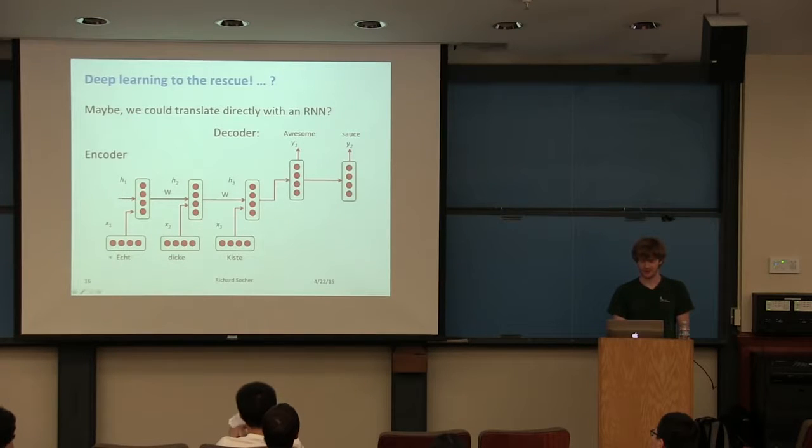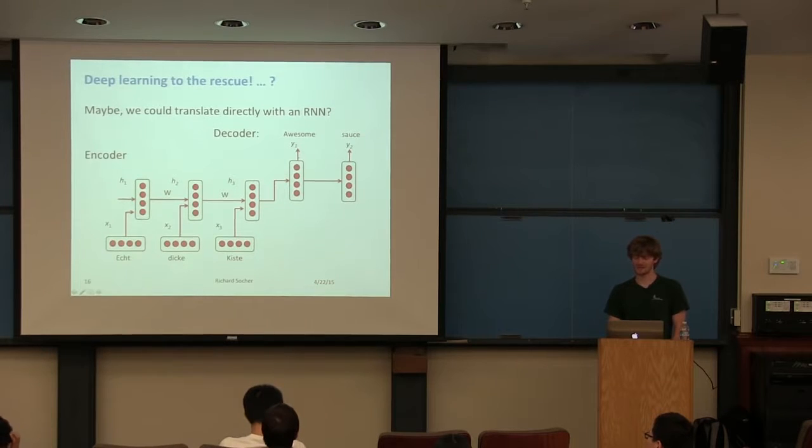And so here we have, Ich dicke Kiste, German, and maybe we just translate it to awesome sauce in English by taking each word here into a recurrent neural network and then taking this vector and from this vector immediately translate this. And these here would all just be logistic regression, our softmax layer that we have for other language models, but this time we don't just try to predict the next word, we actually try to predict the sequence of words that come conditioned on that hidden vector.